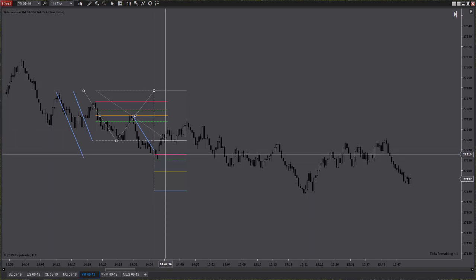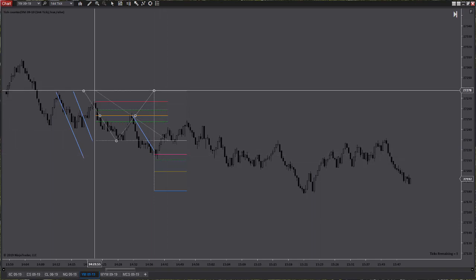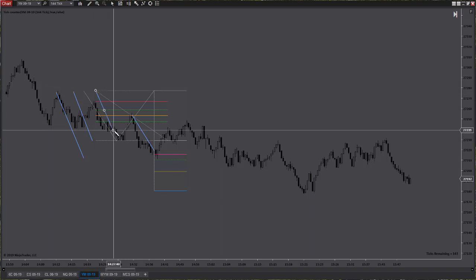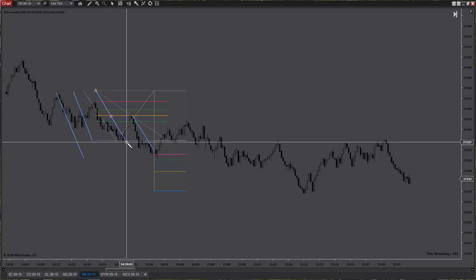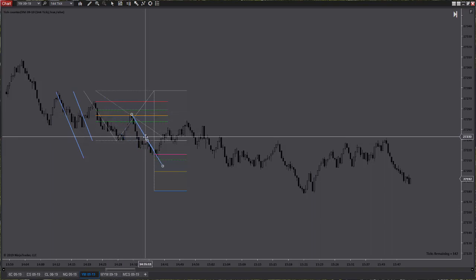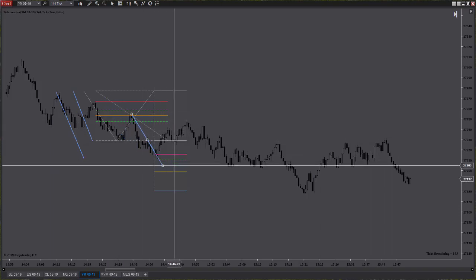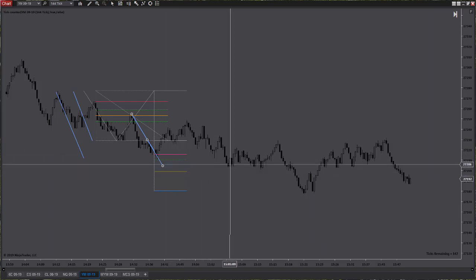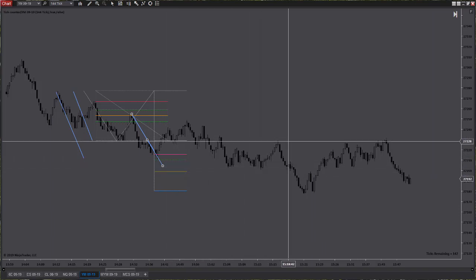See just how amazing that works out and how you can use this. And just don't be afraid to project lines. The more confluence you have, the better it is. Okay, now here we came a little short, but eventually price did what? Look at that, and tried to correct.